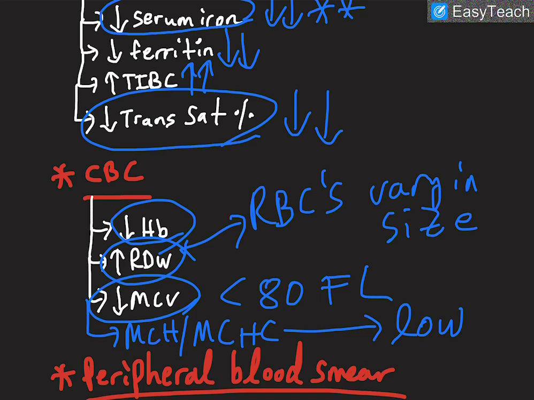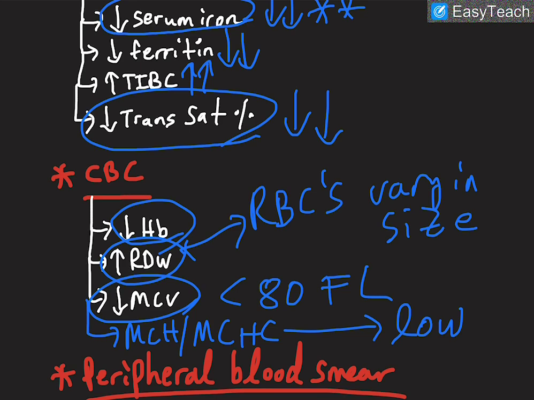So if you have low iron, a high TIBC, low ferritin, low transferrin saturation, that will clue you into iron deficiency anemia. Other things that can help, remember, are pica, koilonychia, or glossitis. If you see glossitis, esophageal webs, dysphagia, and iron deficiency anemia, you should think about Plummer-Vinson syndrome.